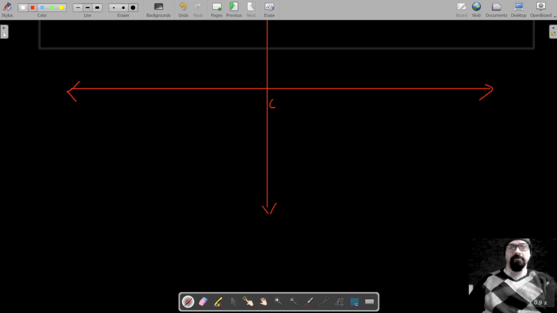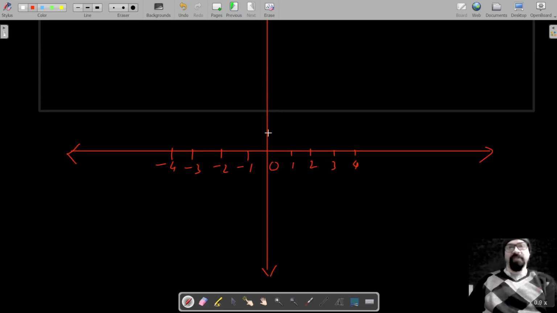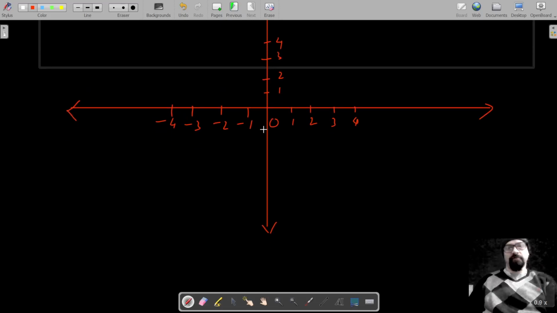Okay, now let's get our coordinate axes and see how this actually looks. Let these be the coordinates 0, 1, 2, 3, and 4, and this is -1, -2, -3, and -4, and 1, 2, 3, and 4, -1, -2, -3, and -4.